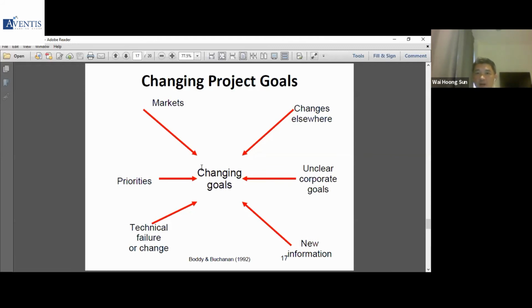For example, if you look at the handphone markets, the markets are basically smartphone markets, right? There are very few phones that are just phones to make calls and send SMS. If you don't change those goals to align with the markets, then you lose market share and you'll be toppled over by your competitors.